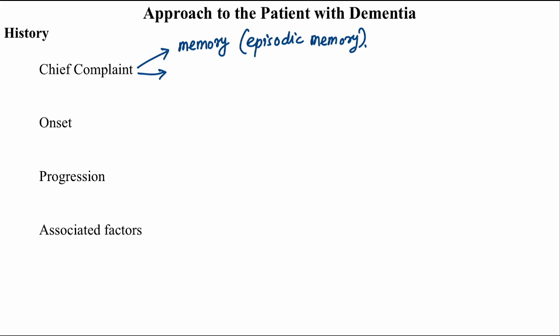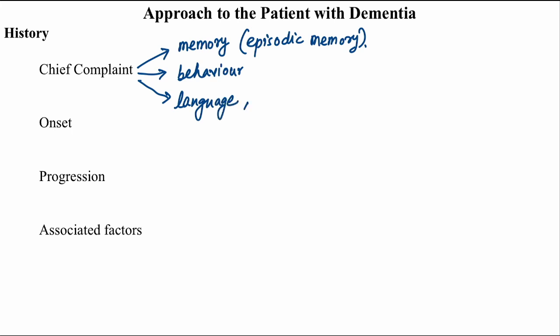Patient may come with these complaints, or the attendants of the patient may complain about his behavior, they may complain about his language, that he is not able to speak properly, he is mute all the time.